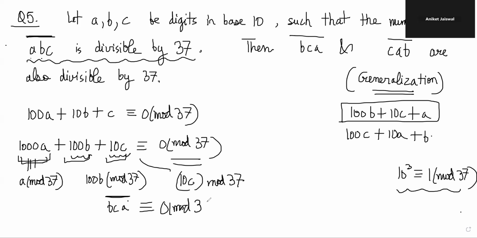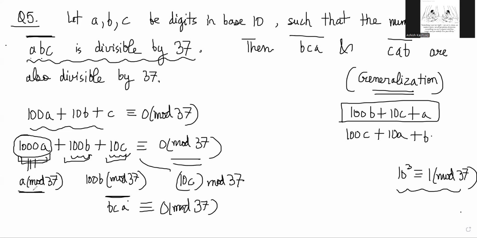Basically, all I have done is multiplied this number by 10 and seen that 1000A is congruent to A when you do mod 37. And you leave the other two as it is, whatever it is. So you're getting 100B plus 10C plus A mod 37, right? Which is the number BCA.